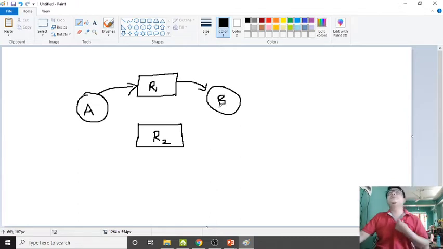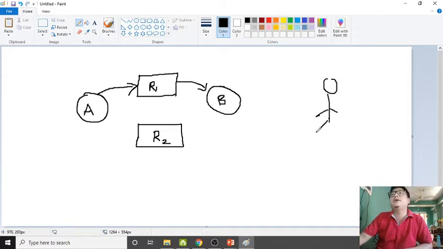So you may correlate the same thing with a real-life scenario. Suppose there are two students, student A and student B. The teacher is dictating some notes, and the students have to write them.